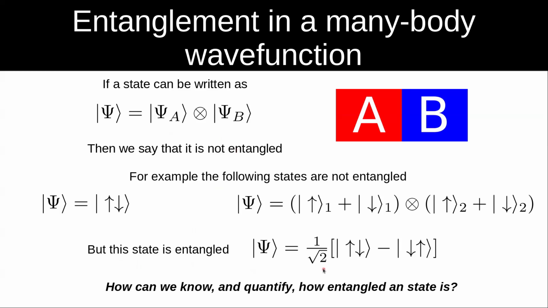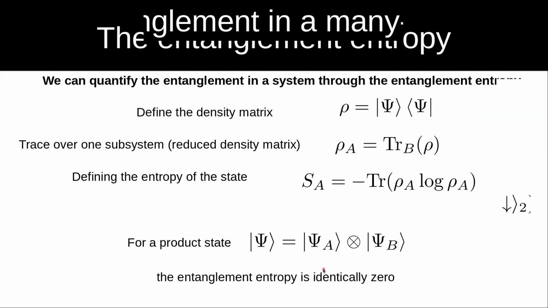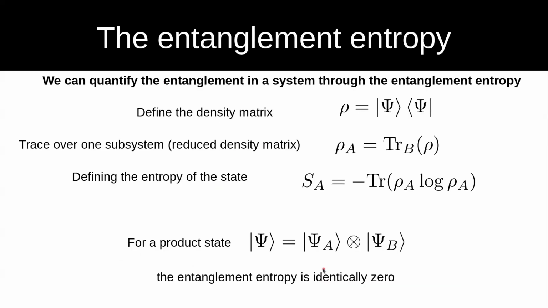So now the question is, how do we measure how entangled a state is, or how do we measure how quantum a state is? And this is something that can be done systematically using something called the entanglement entropy. So the basic idea is that you can take your many-body wave function and define the density matrix. This is the ket wave function, bra wave function. And this density matrix is defined in the whole space, so both in subsystem A and subsystem B. So it has block A, block B, and off diagonals, of course.